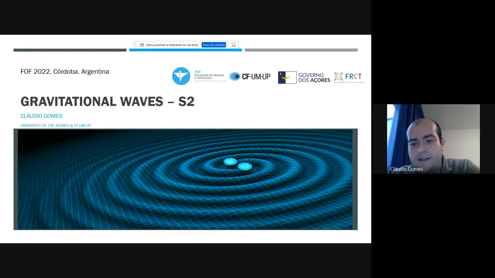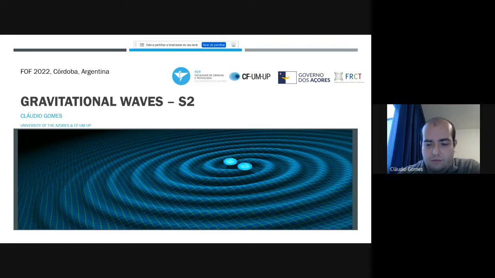We have also seen that in the presence of matter, we can resort to the so-called Green functions method, so to get solutions for the wave equation, and even though we can further simplify using some useful approximations as far as we are very far from the source. Okay. So in this second session, we shall resort to a different approach to the analysis of gravitational waves in general relativity or in any gravity theory, okay?